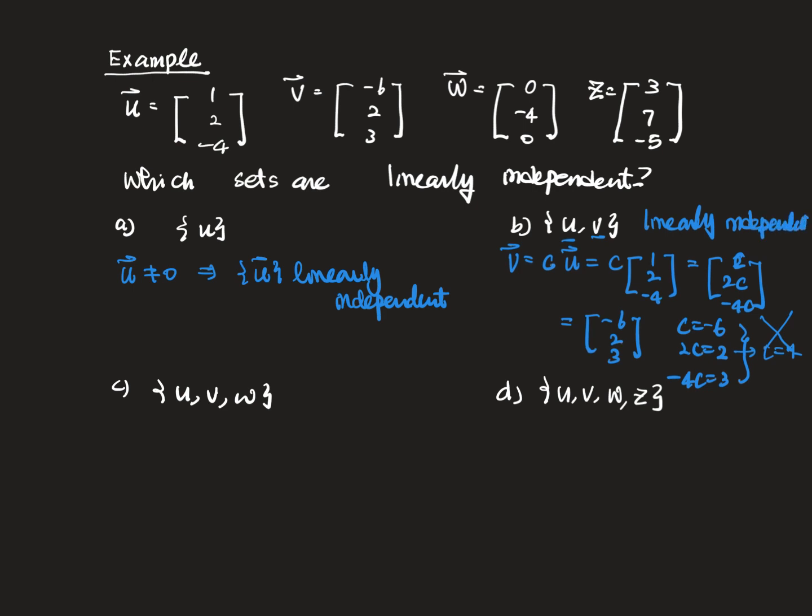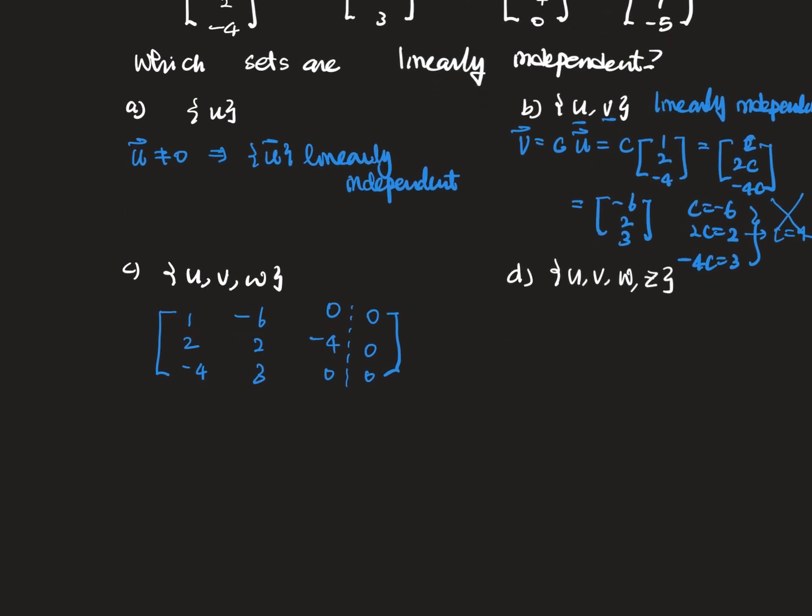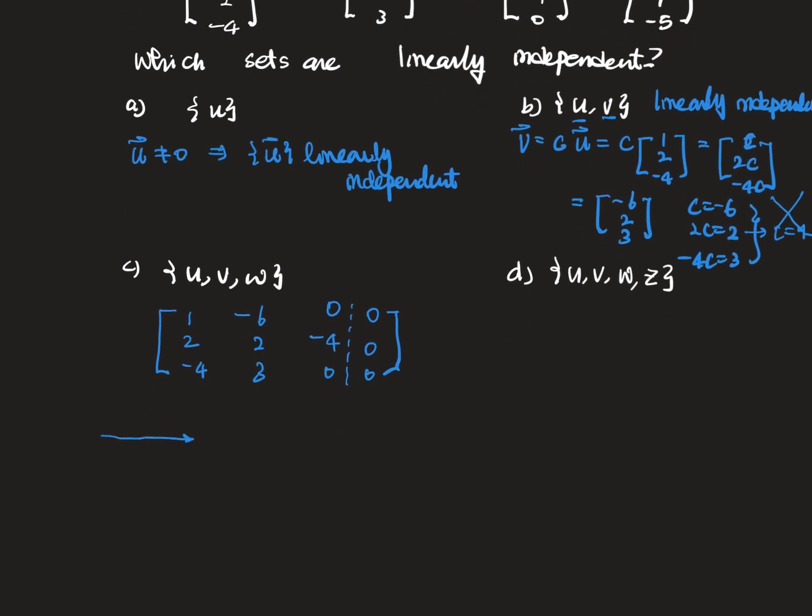Let's go to three vectors. Check for non-trivial solutions. The augmented matrix has columns (1, 2, negative 4), (negative 6, 2, 3), and (0, negative 4, 0), with right side 0, 0, 0. Let's do row operations.